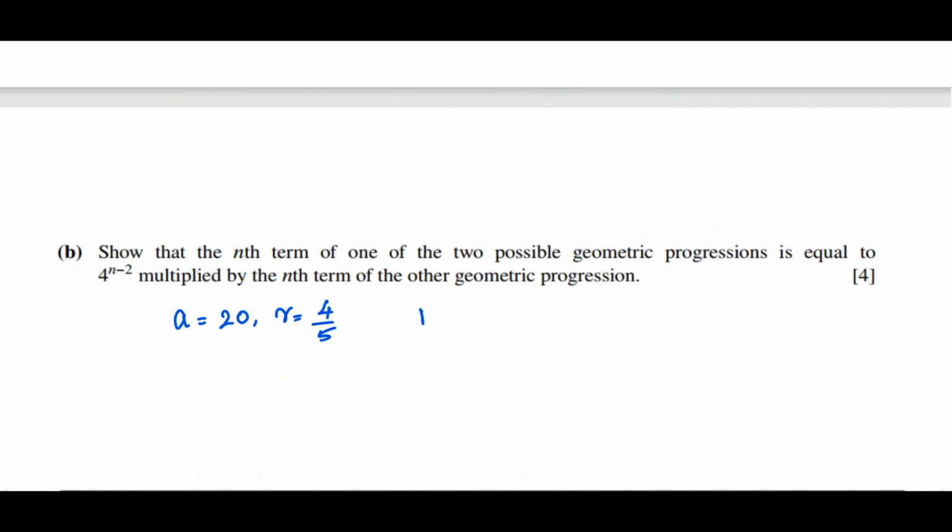I'll write this as geometric progression 1. Nth term of geometric progression 1 is a multiplied by r power n minus 1. So a is 20 multiplied by r is 4 over 5, the whole power n minus 1. For the next possible value of a, which is 80, r is 1 over 5.